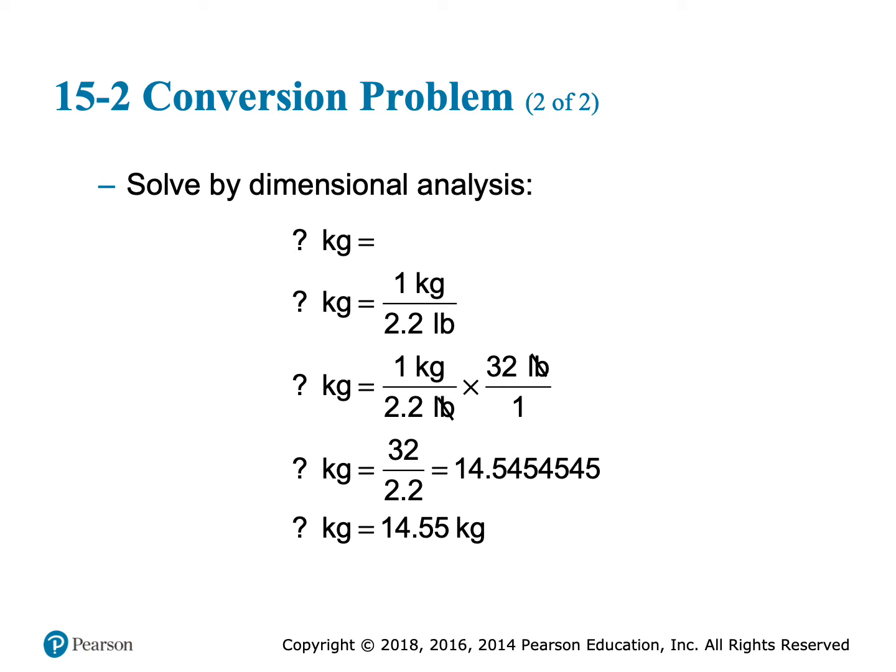And then we're going to multiply that by the pounds over 1. So this allows us to cancel our units of pounds, and then we multiply straight across. 1 times 32 is 32, 2.2 times 1 is 2.2, and we divide and we get our same answer. So whichever way is comfortable for you, go ahead and use that method.